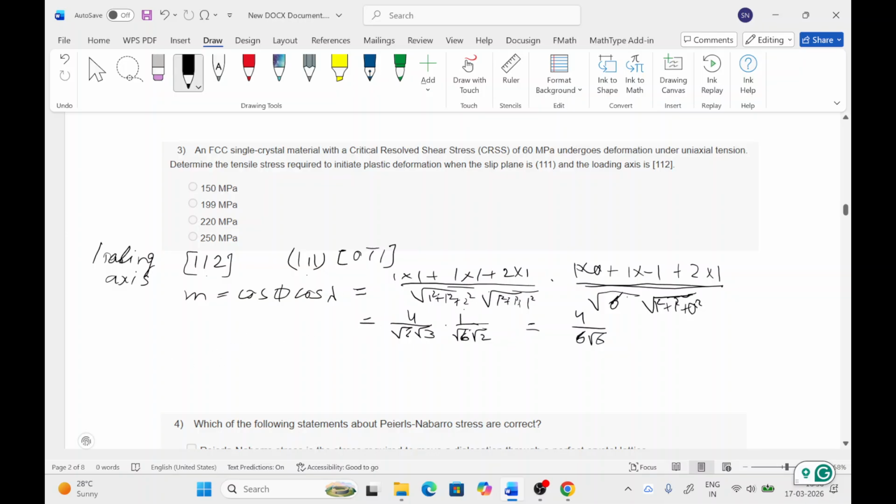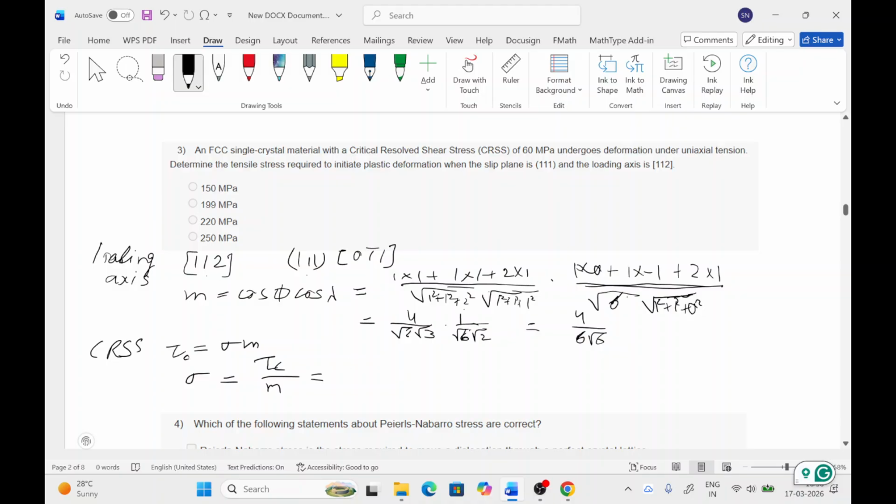So we have to calculate the applied tensile stress. We know that the resolved shear stress is sigma into m. So sigma will be CRSS divided by the Schmidt factor.